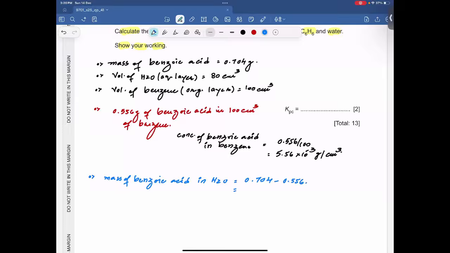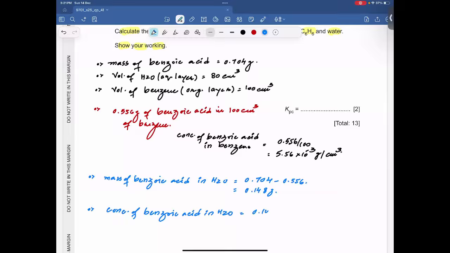So the amount of benzoic acid dissolved in water is going to be 0.704 minus 0.556, 0.148 gram. Let me take out the concentration of benzoic acid in water.